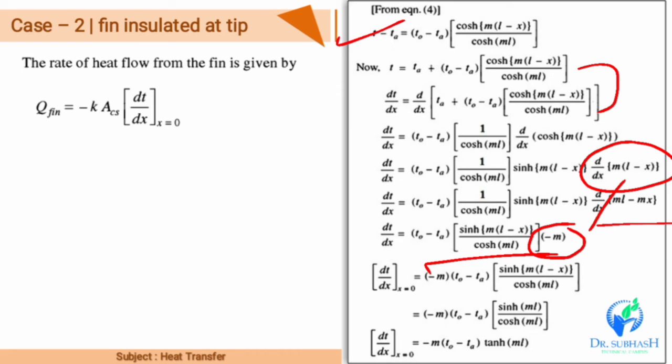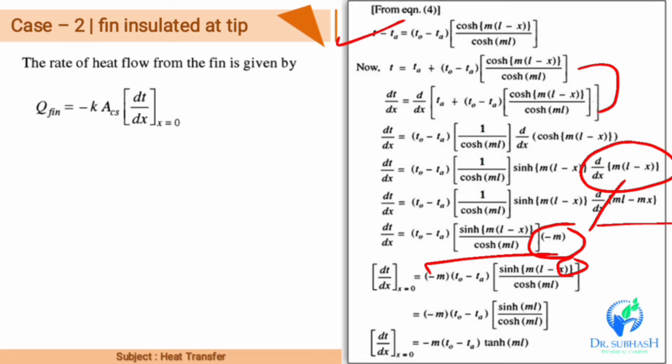So, we get dT/dx is equal to minus m (T0 minus Ta) sinh m(L - x) divided by cosh mL. Putting here x is equal to 0, the remaining equation is minus m (T0 minus Ta) times sinh mL divided by cosh mL.